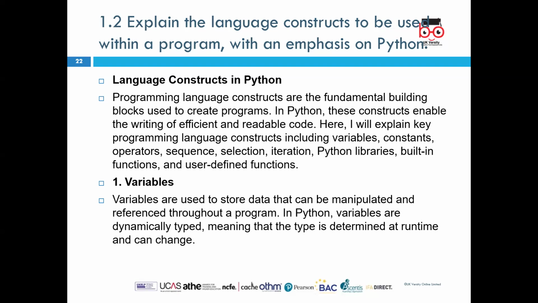Variables are dynamically typed, meaning that the type is determined at runtime and can change. A variable is the opposite of a constant. When we declare a constant, this is a fixed value which cannot be changed within our code.